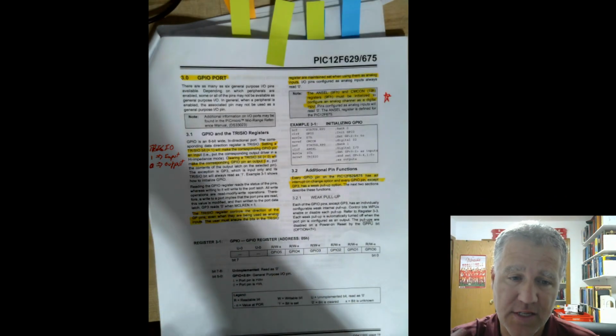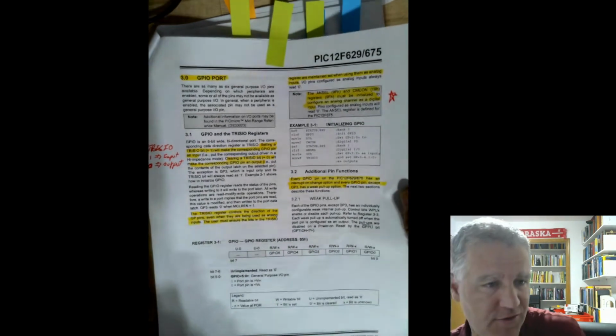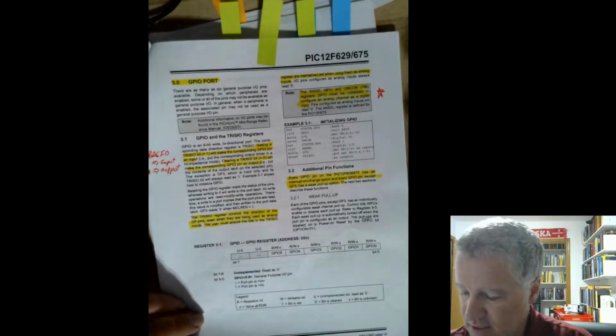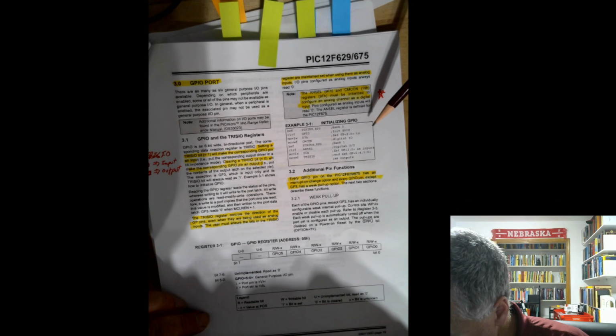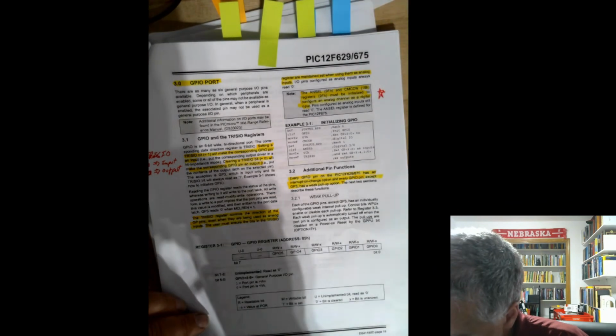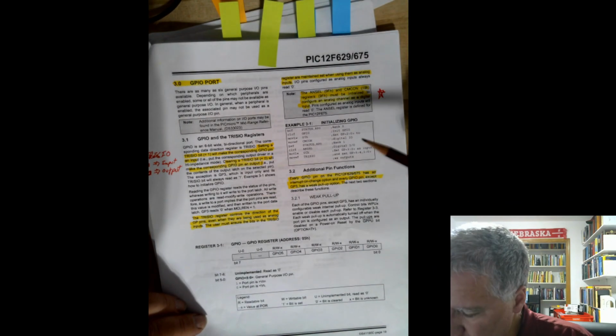If they're not configured, then the digital I/O, even though we're not using the analog to digital or the comparator, won't work. We'll go through that more carefully when we write some code.